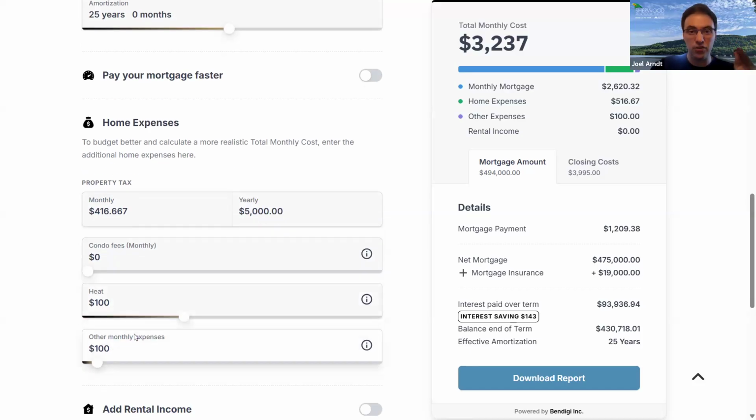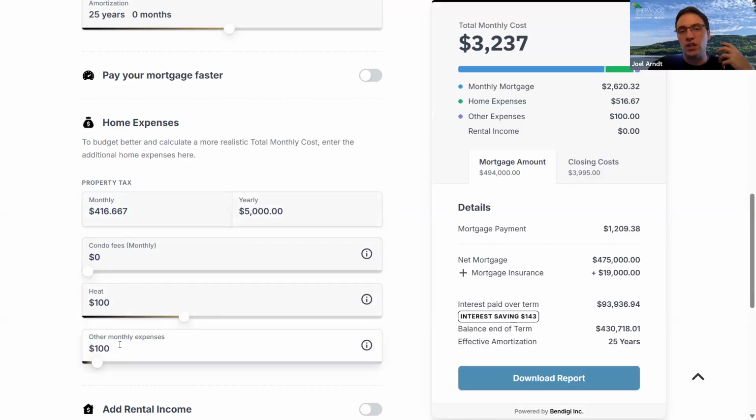It's a stand-in, never changes in our calculations. Doesn't matter what the actual heat costs are. We do need to see, at least on the MLS sheet, what the annual property taxes are. That changes for every file. I put those two pieces into your debt to income ratio. Those are debts, monthly debts in your debt to income ratio.